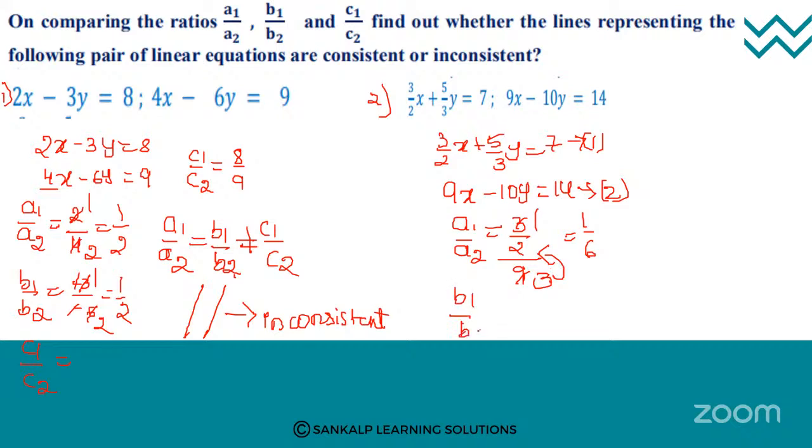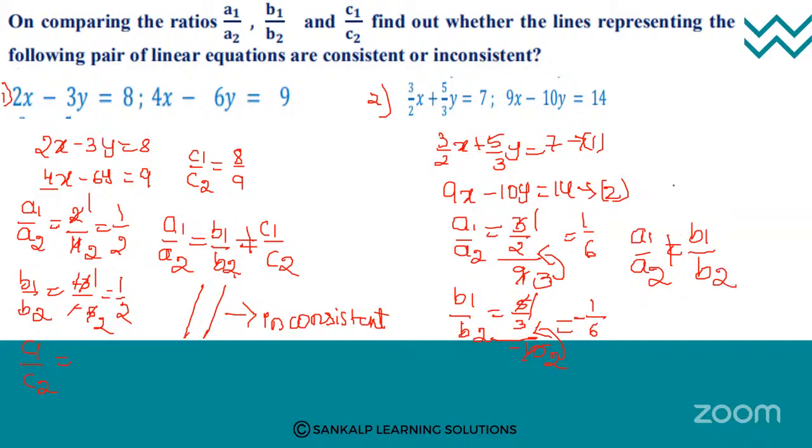B1 divided by B2 is 5 divided by 3 divided by minus 10. 5 ones are 5, 5 twos are 10. Shifting this here, it is 1 divided by minus 1 divided by 6. So this is 1 divided by 6, this is minus 1 divided by 6. That means A1 divided by A2 is not equal to B1 divided by B2.